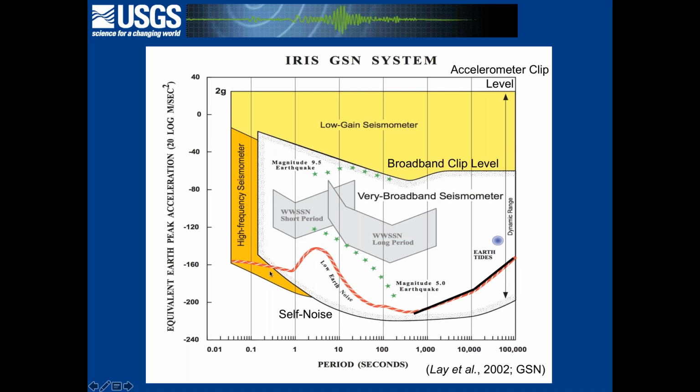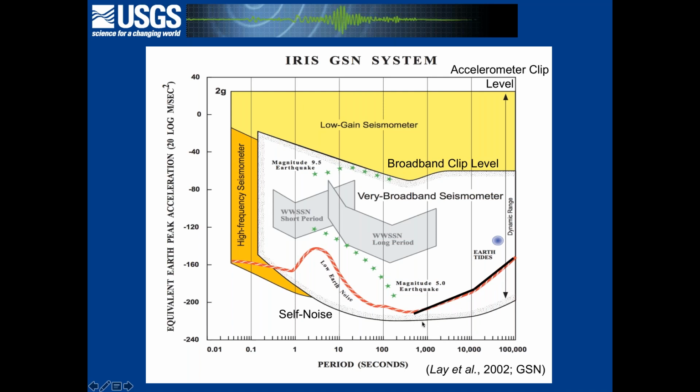Also plotted on here, I'm showing the low Earth noise model. This is what we think the quietest the planet can be in terms of ambient seismic background noise. And I'm going to say that we actually don't know the quietest that the Earth can be in this region right here, because we're limited by the self-noise of the seismic instruments.